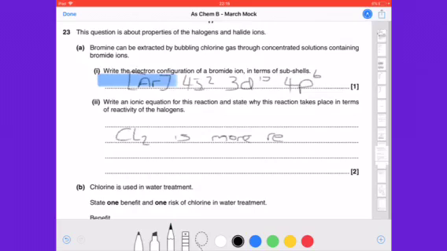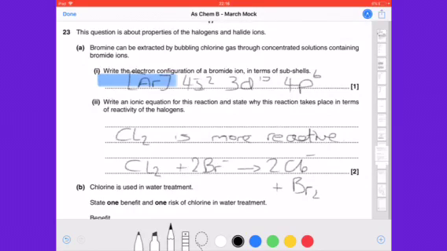And the equation is Cl2 plus 2Br minus, goes to 2Cl minus plus Br2.